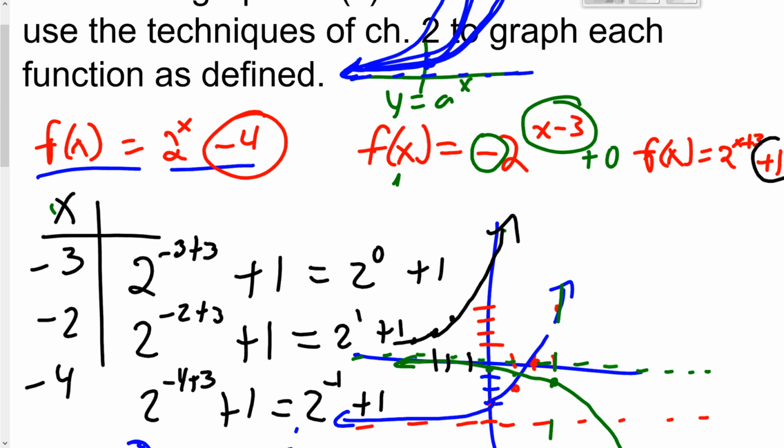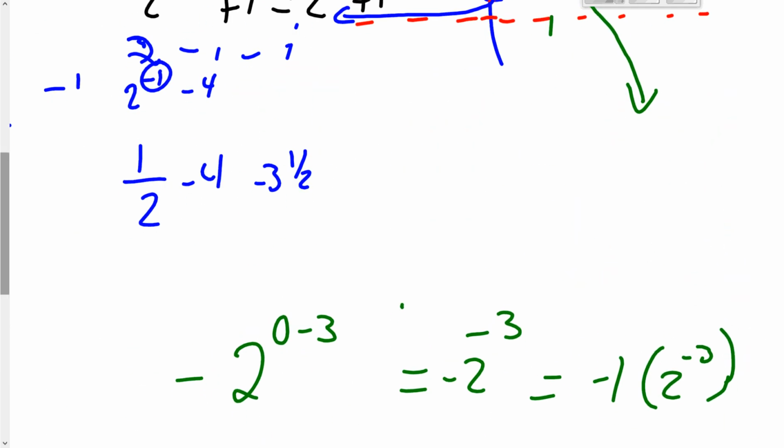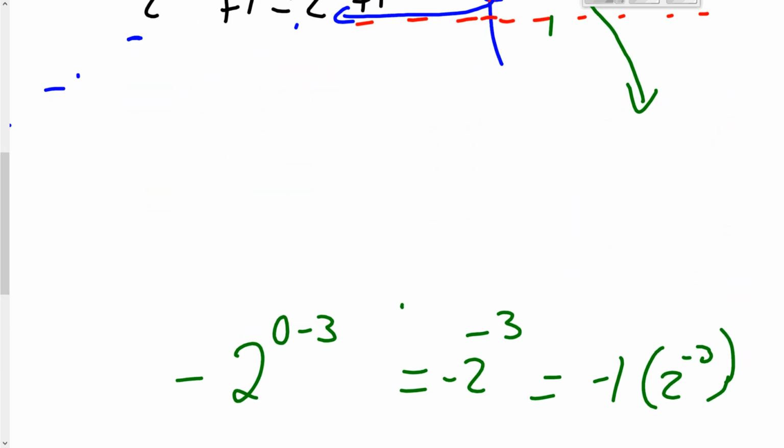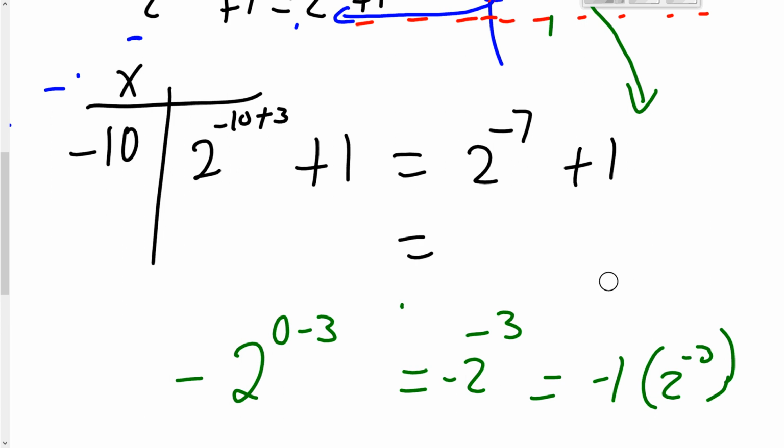Well, it's not going to cross that plus 1, as I can see by putting in a really big number here. Let's put in a big number like negative 10 for my x. So that's 2 to the negative 10 plus 3, and then add 1 after I do my exponents. So that's 2 to the negative 7, and then plus 1.